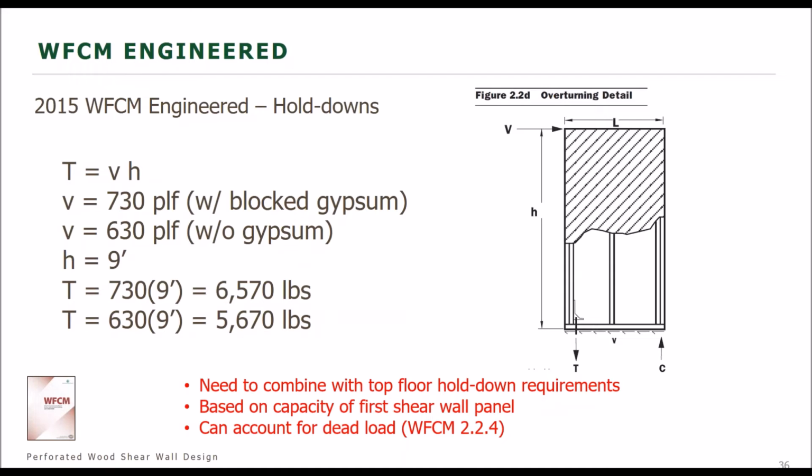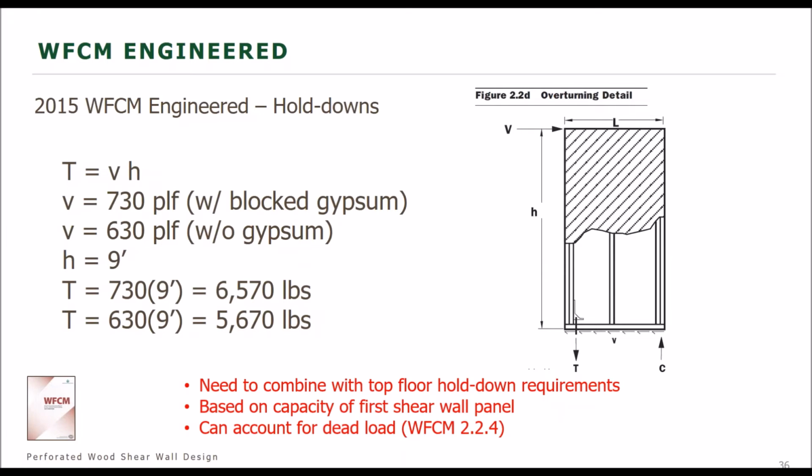For the wall that has the block gypsum, we have a hold down requirement of 6,570 pounds. For the wall without the gypsum, it's 5,670 pounds. Again, since this is a first floor shear wall, we do need to combine it with the top floor hold down requirements, and it is based on the capacity of that first shear wall panel.